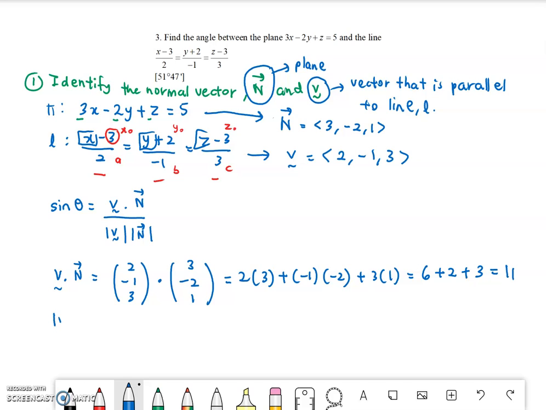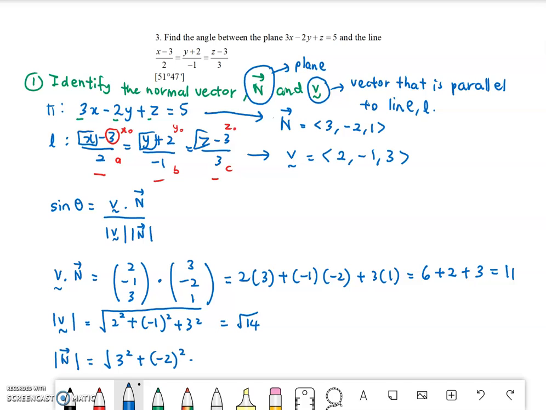Then find the magnitude of v. So we have 2 squared plus negative 1 squared plus 3 squared, so we have 4 plus 1 plus 9, which is square root of 14. And the last one is the magnitude of n, which is 3 squared plus negative 2 squared plus 1 squared, so this is also square root of 14.